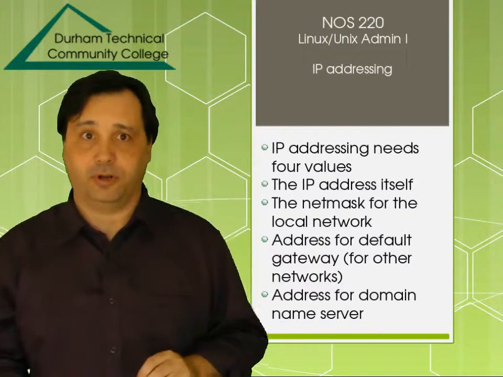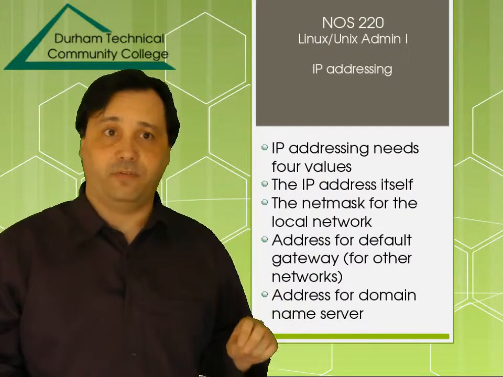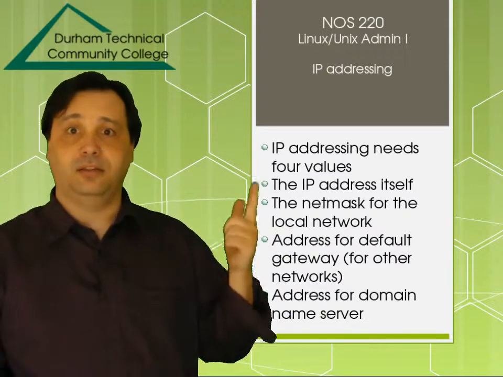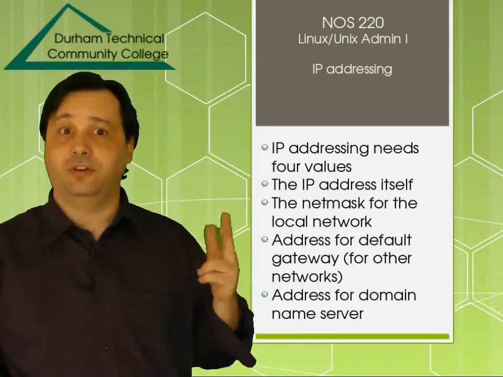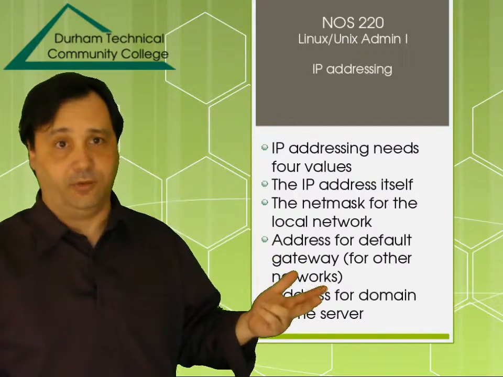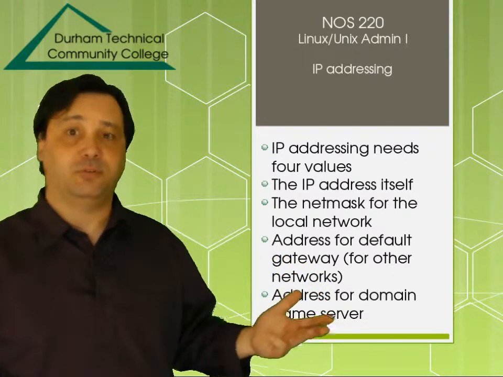To assign a network address, you need to set 4 variables: the IP address of the machine, the net mask, the default gateway, if you want to access more than just the local network anyway, and the domain name server.